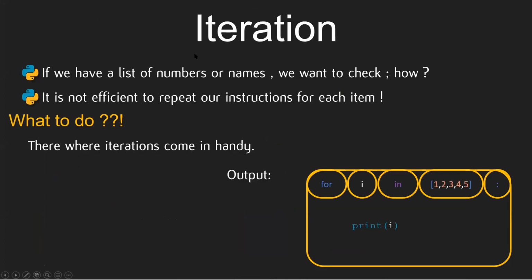What do we mean by iterations? If you have a list of numbers or names, and you want to access them, check how many there are, check the data inside, or loop through them, in Python you can do this using a for loop. In C++ or C, for example, we also have a for loop, but in a different way.